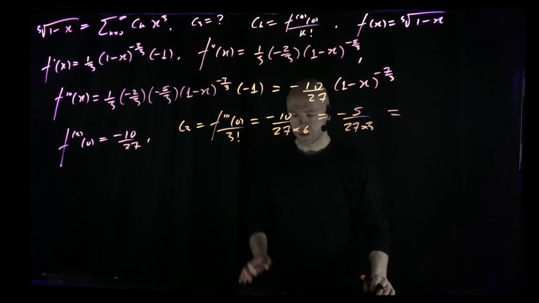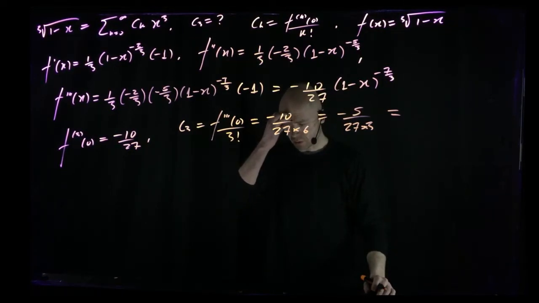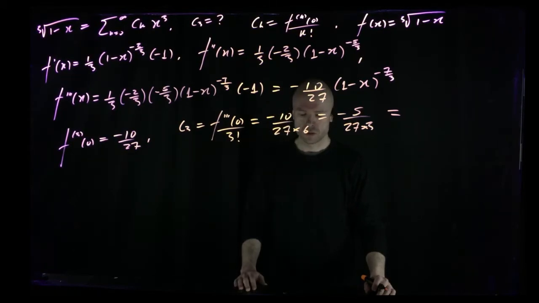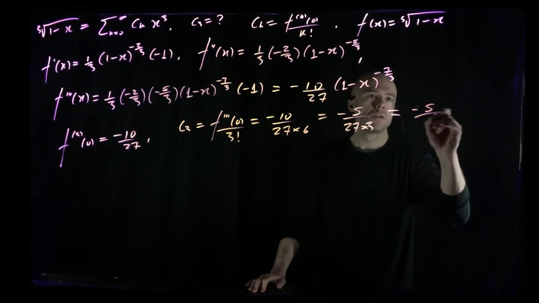What's 27 times 3? So times 2 is 54. Add again, 54 plus 27. It's like 81, right? So yeah, it's 81.